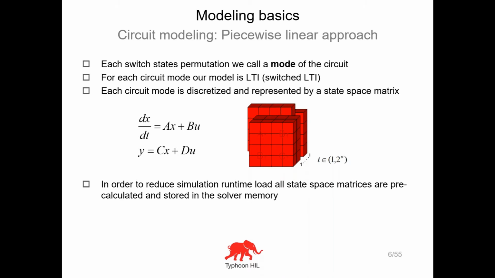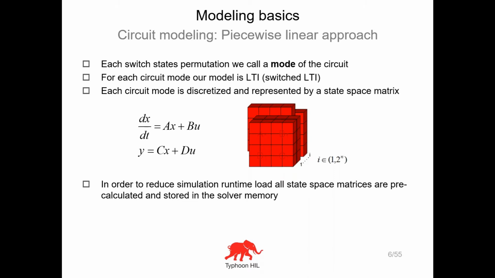So since the circuit modes are linear and time invariant, they can be represented as a state space model. The state space matrices are easily discretized, and so our circuit is represented with a number of matrices where only one set of matrices is active at a time.